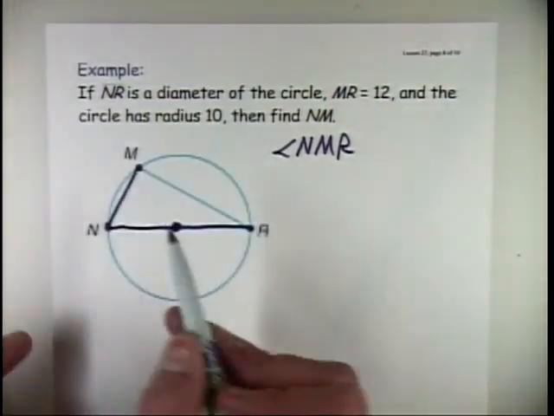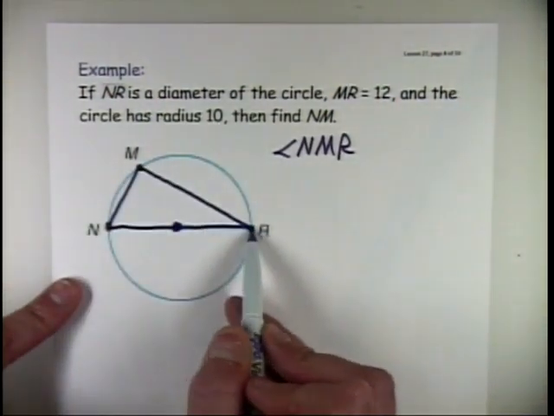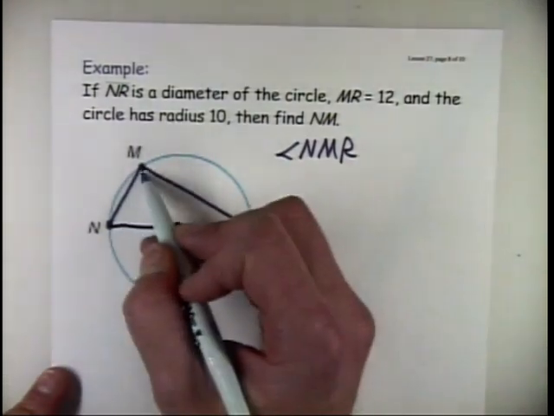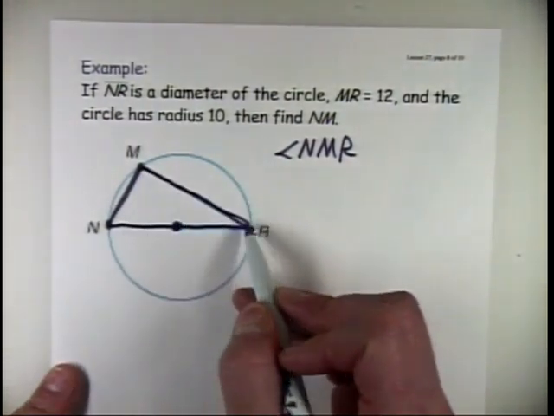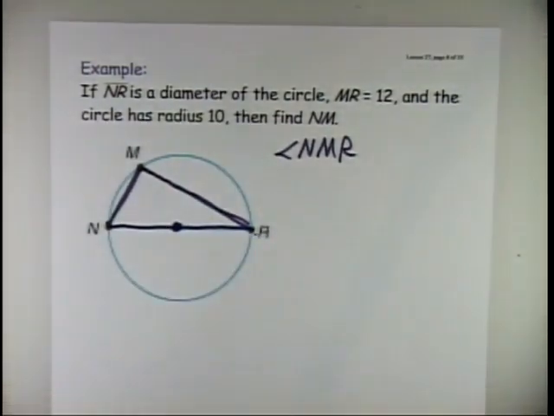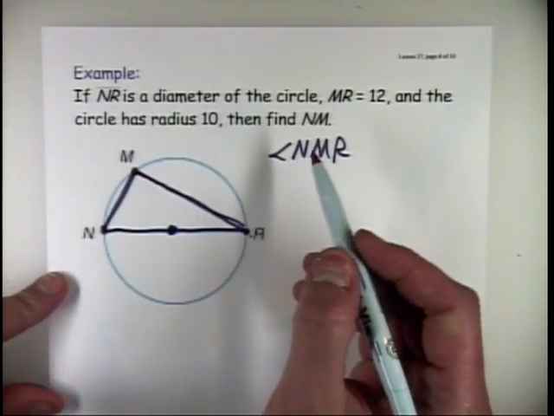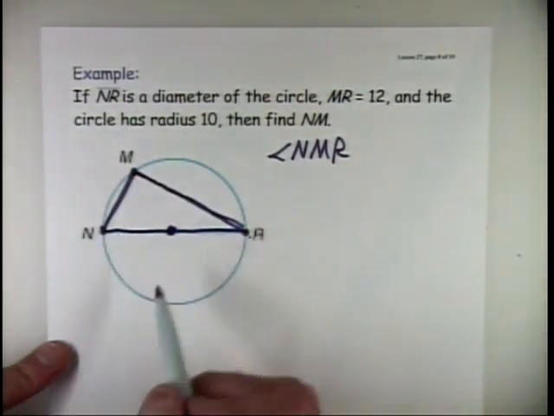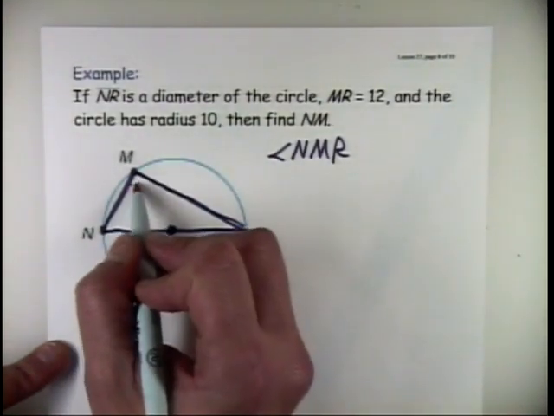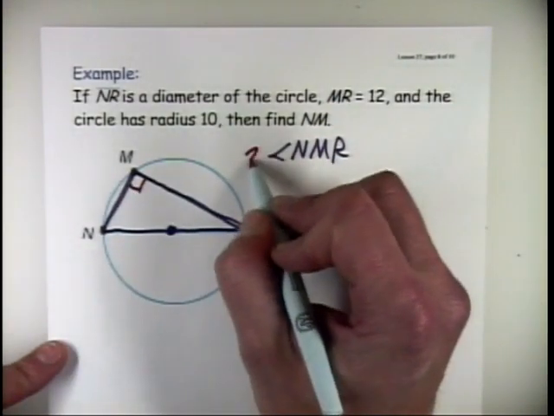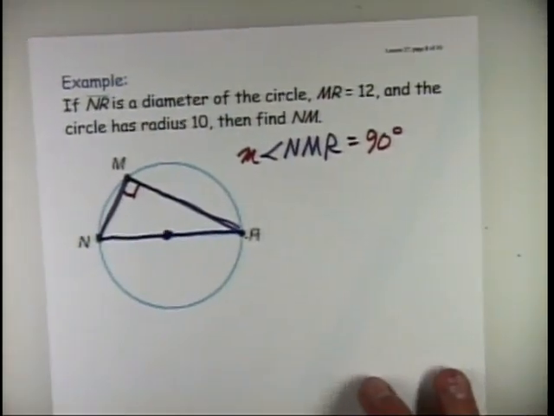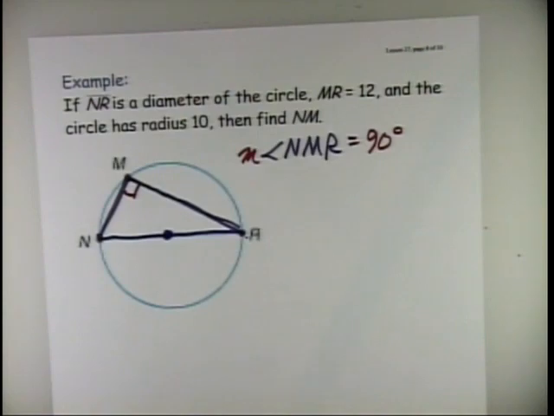Here's N, there's M, and here's R. It is an inscribed angle because its vertex is on the circle, and so are its endpoints, and the two sides of the angle are chords, line segments. What we know from the theorem is that this is a semicircle, and here's an inscribed angle forming a semicircle, so the measure of angle NMR equals 90 degrees. It's a right angle.